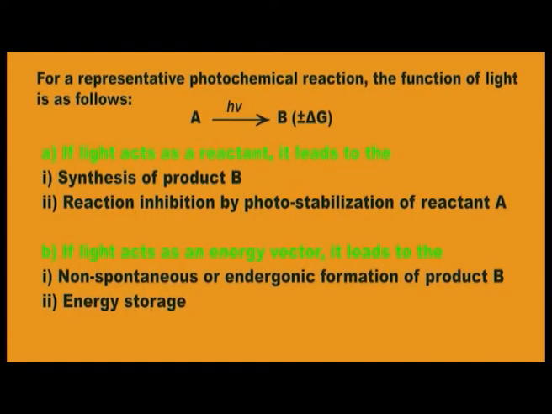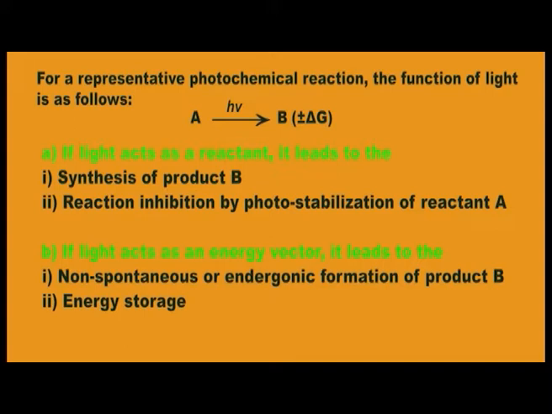Functions associated with light. For a representative photochemical reaction, the function of light is as follows. A, on attack of a photon with energy h nu, converts into B, and in this process delta G is the amount of free energy involved. Here we have two different cases.